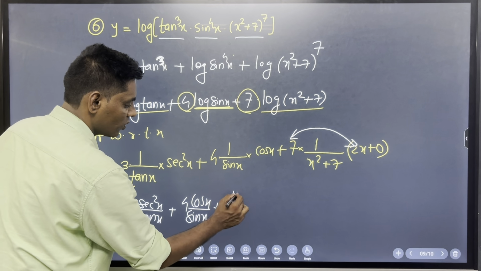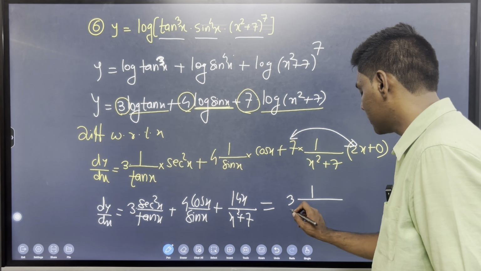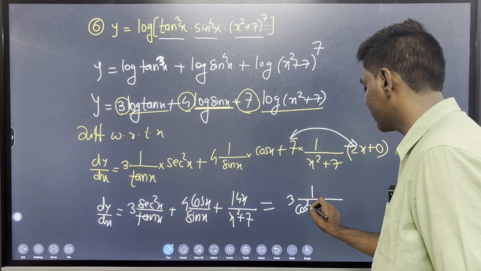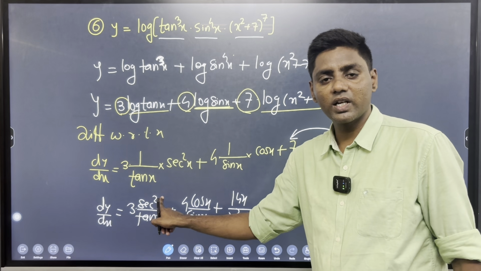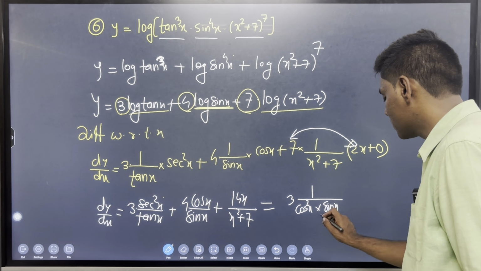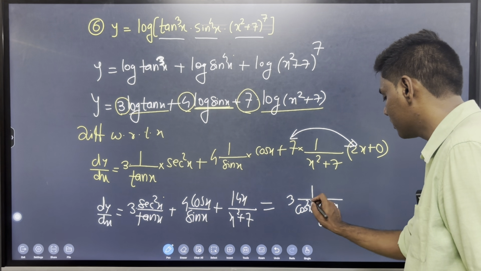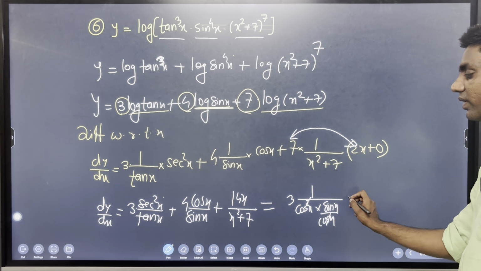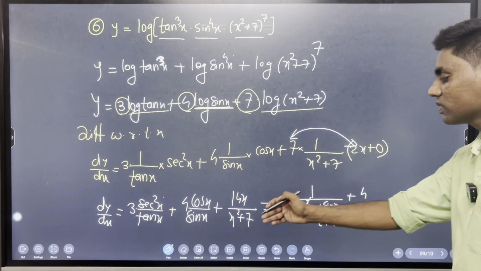Now, sec is the reciprocal of cos x, so sec square x means 1 upon cos square x, and tan means sin divided by cos. So sin x divided by cos, and here one cos gets cancelled. The next term is 4 times cos by sin, which is the ratio cot x, plus 14x divided by x square plus 7. So we get the final answer.